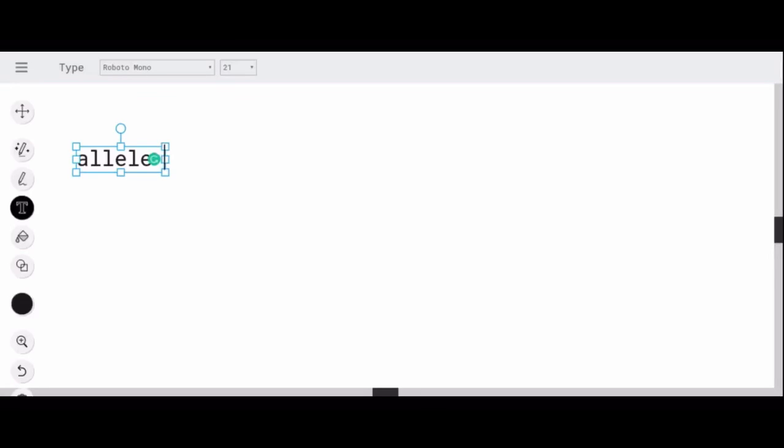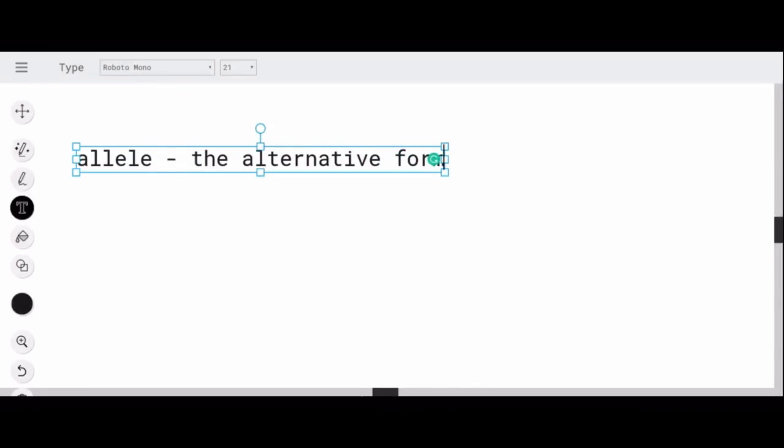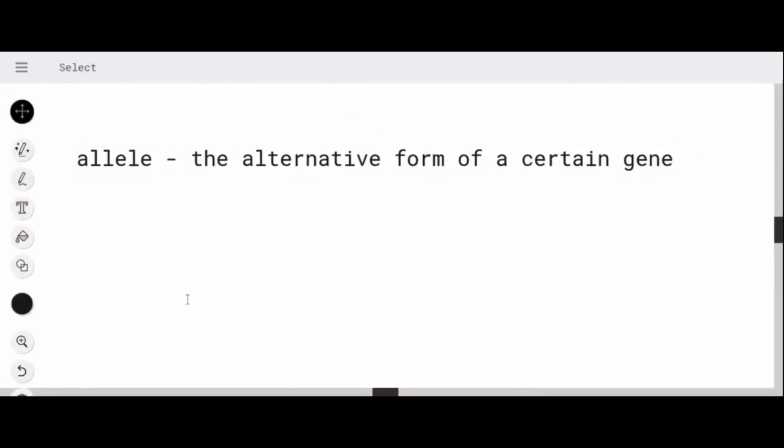Next thing you need to know is an allele. Like I said earlier, it's the alternative form of a certain trait or gene. And we usually represent them by letters.